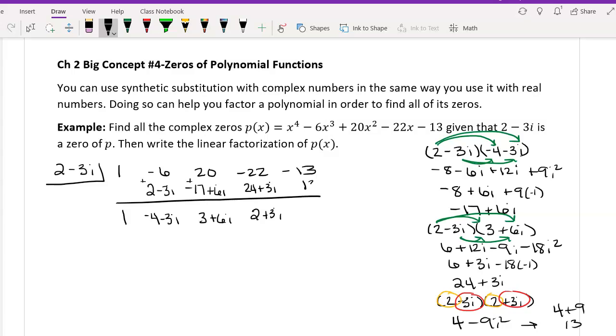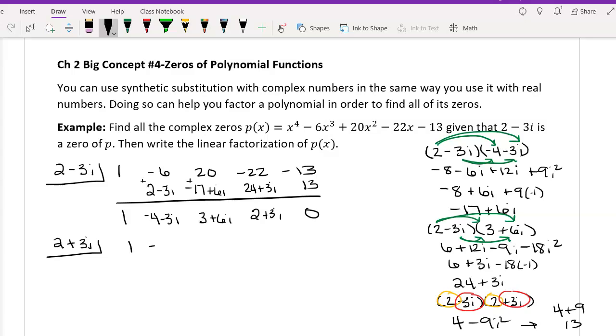So here we get 13, and yes, in fact, it did yield us a 0. So now, we know that 2 minus 3i was a 0. However, according to the conjugate root theorem, I also know that 2 plus 3i is a 0.